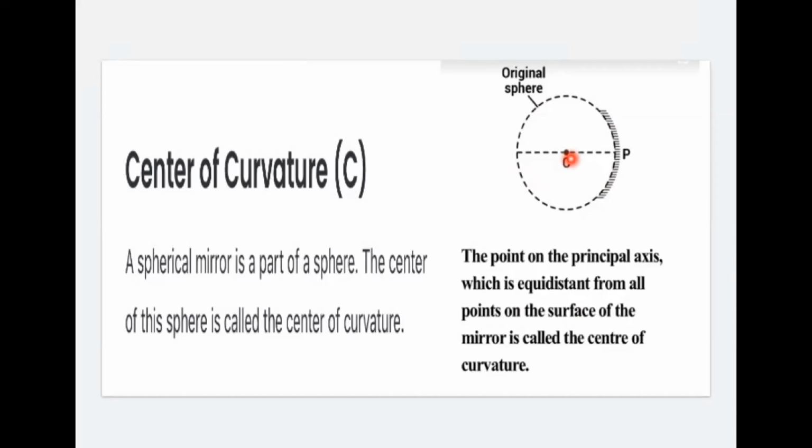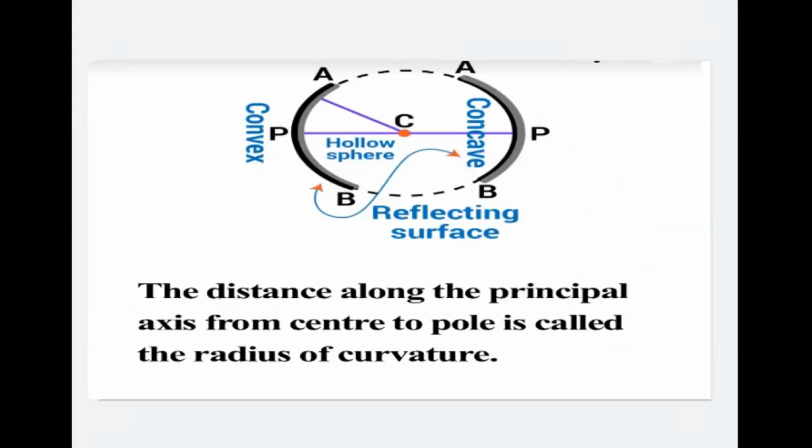A sphere always has a center, in 3D as well as in 2D. The points located on the mirror are equidistant from that center, and the center of the imaginary sphere is called the center of curvature. Now you can make out whether it is a convex or concave mirror.